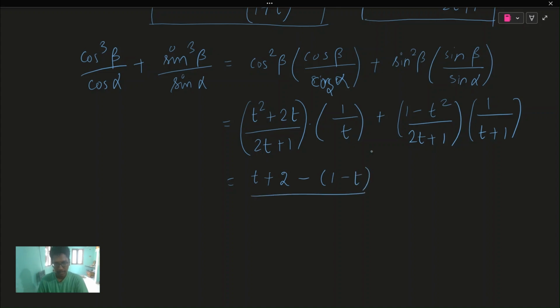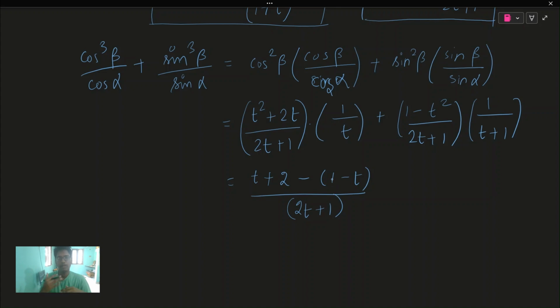Upon solving, the 2t plus 1 is constant, and t and t plus 1 would get cancelled because it deals with partial fractions. You would get 2t plus 1 as the denominator, and you have to solve the numerator.